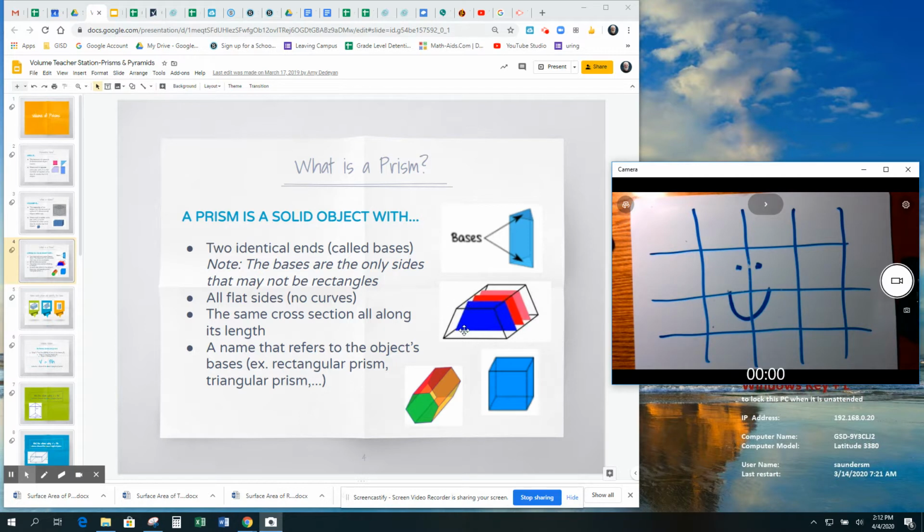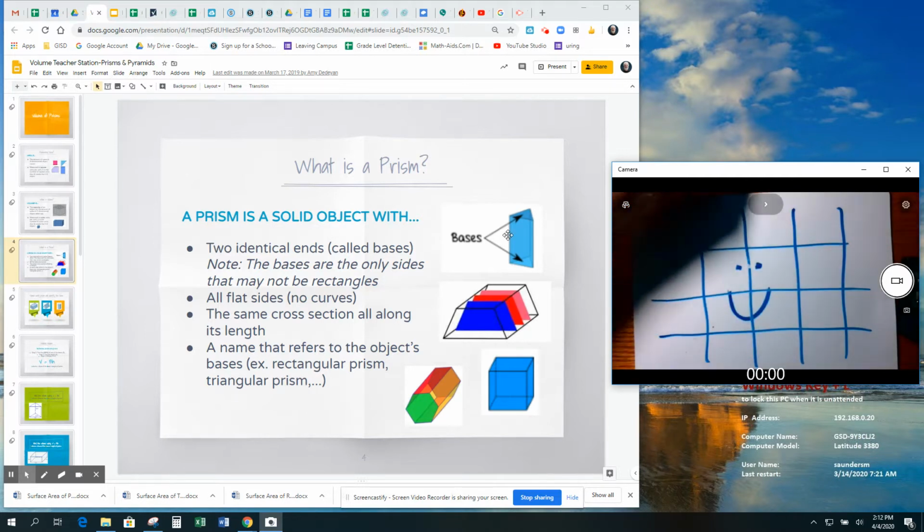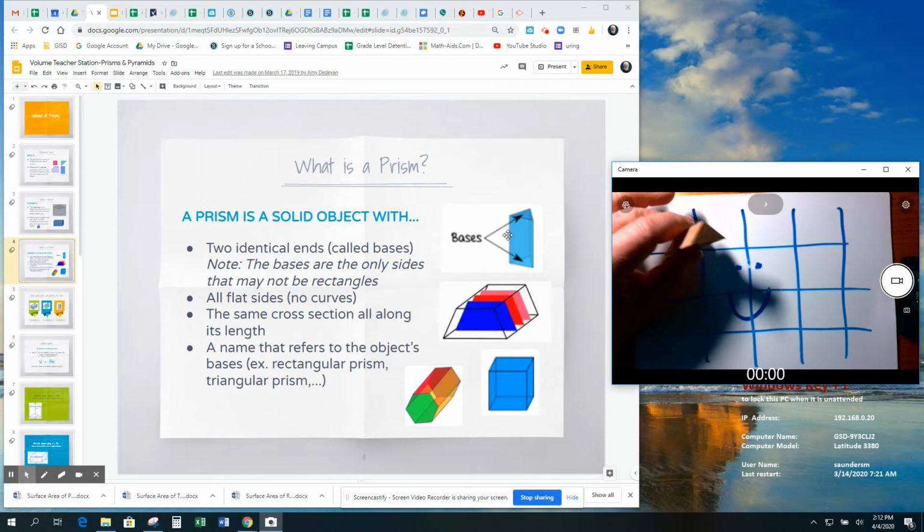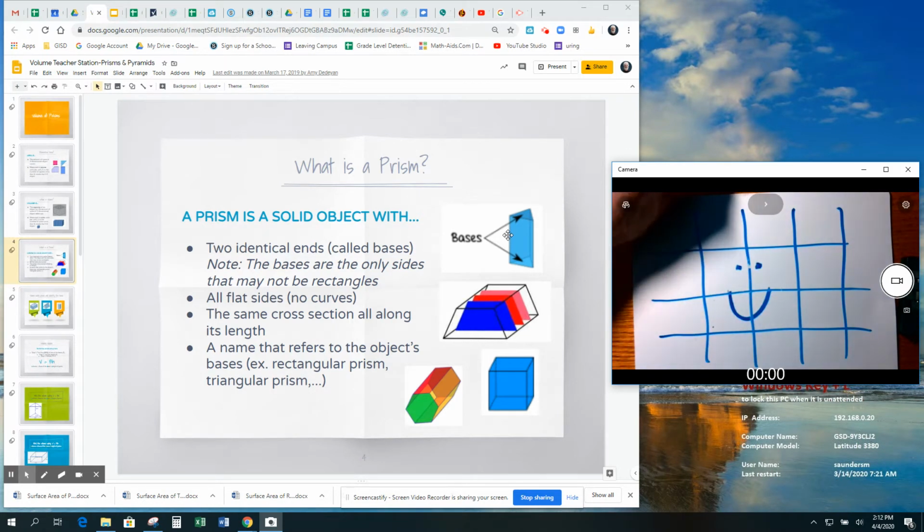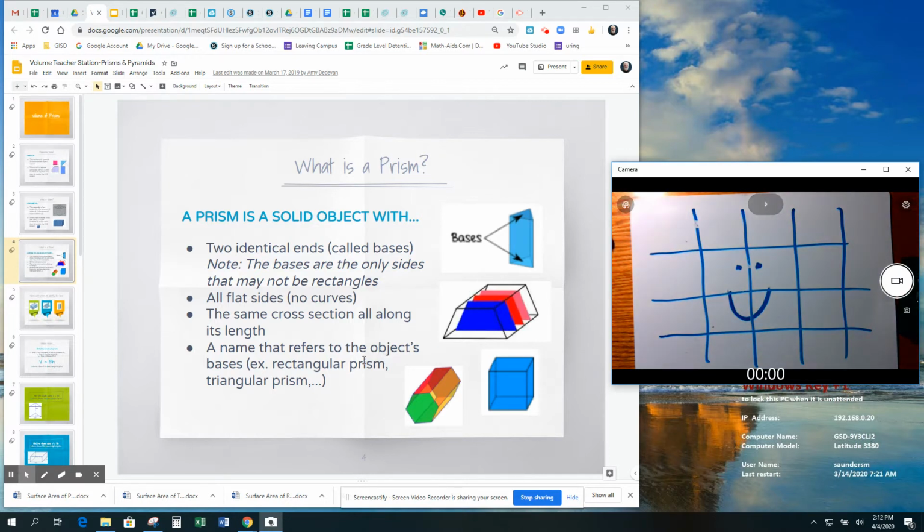So if you were to cut into each one of the different layers in each one of these prisms, the cross section would always be the same as the face. So if you were to cut into my triangular prism into little slivers, each piece would be a triangle, and it would have the same size triangle. Okay, and the name refers to the object's base, for example, rectangular prism, triangular prism, that's the base that we're talking about. Okay, so that's a prism.